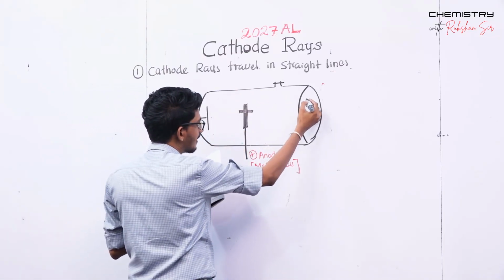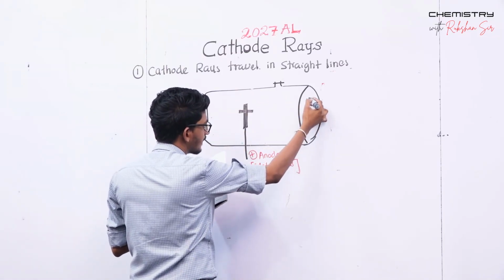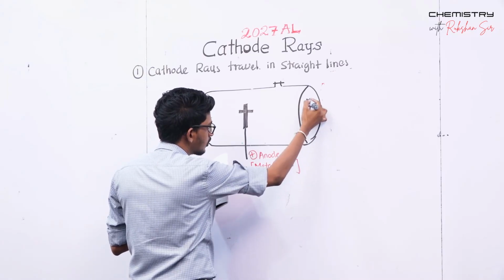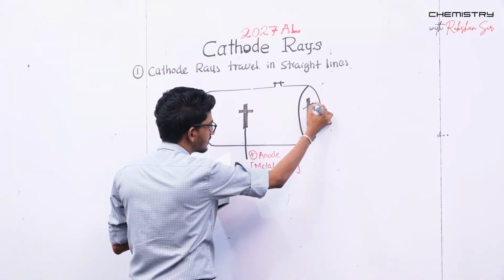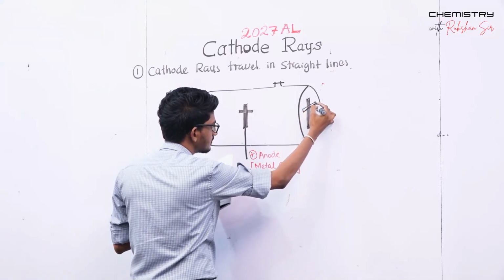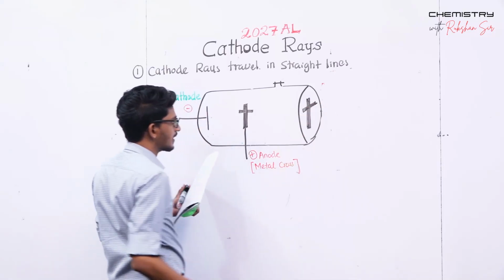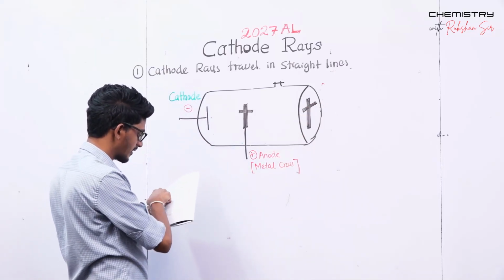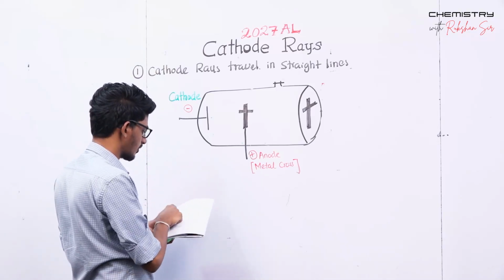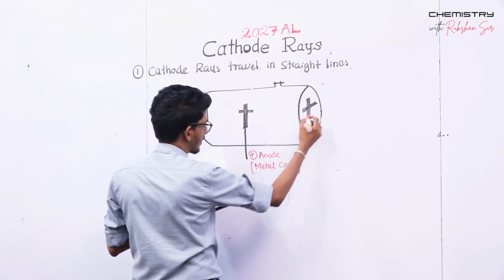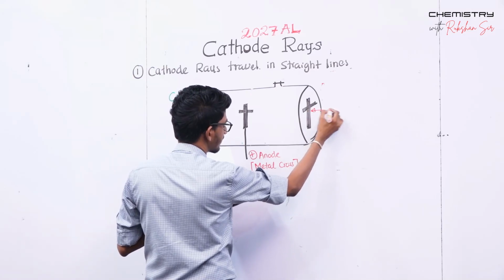They saw the shadow of the opaque object appearing. So they saw that: this is the shadow of the opaque object, or the shadow of the metal cross.